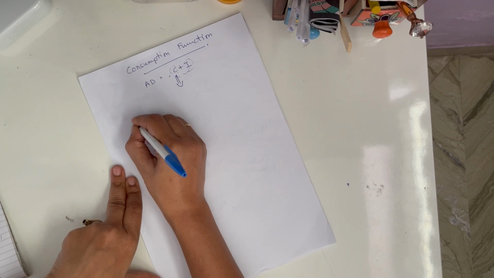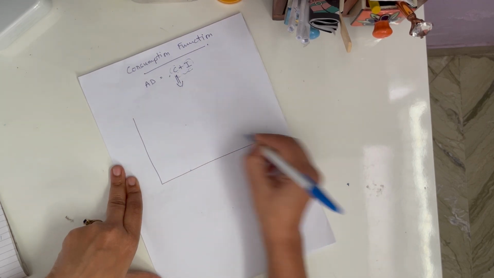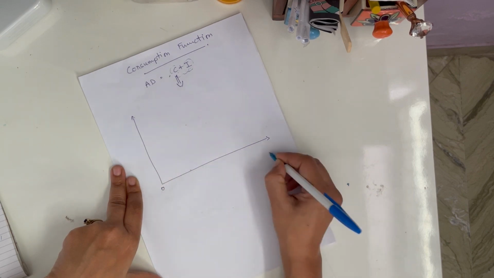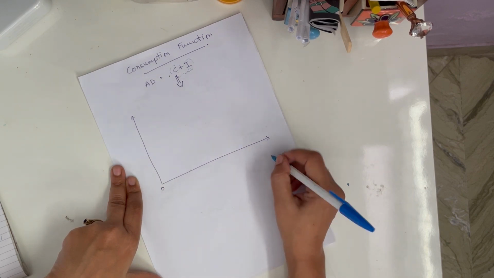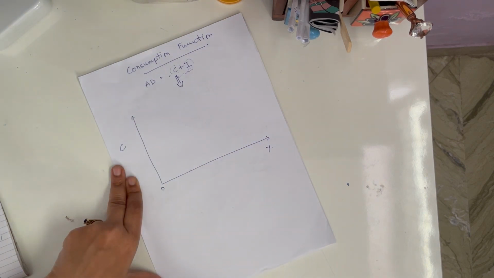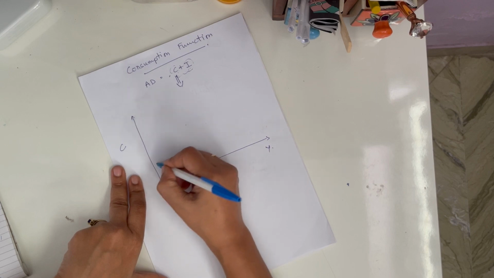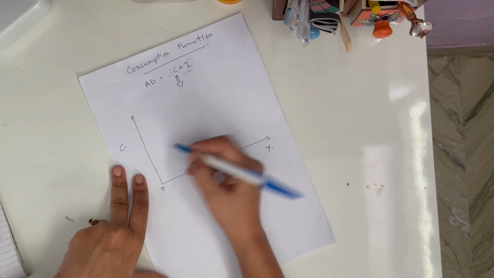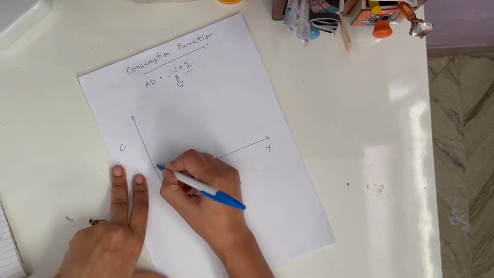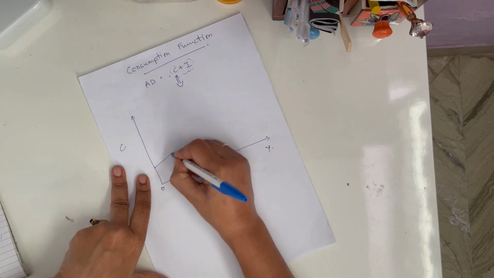Okay, first I'll just draw a very simple diagram or a graph, and I'll show you how we go about it. So here we have consumption, right? If you have watched my previous video, the consumption function is like this, right?